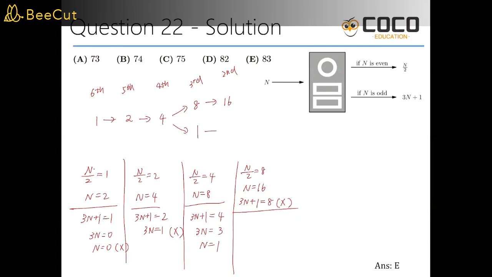Then if it's 1, this is the same as before. When this is 1 here, the next step will be 2. So this is 2 also. Then you check first step.